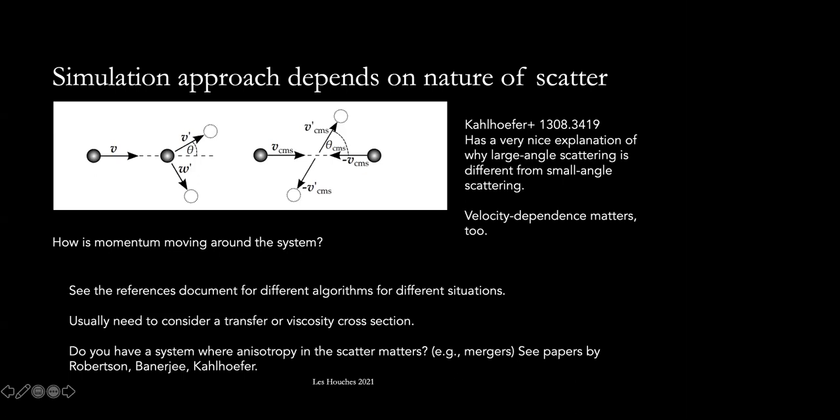Okay, so there are a bunch of papers, including mine, on algorithms. I would point you to papers by Andrew Robertson, Omid Banerjee, Felix Kahlhoefer, and pretty soon a paper from my student Carton Zhang on how to think about these scattering algorithms for different microphysical models of dark matter.